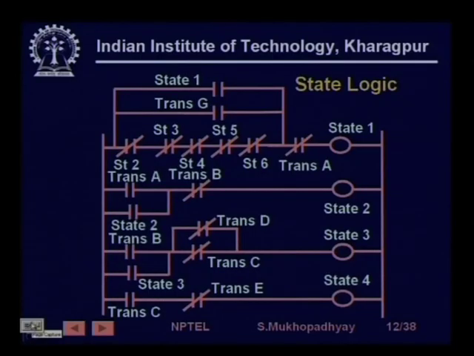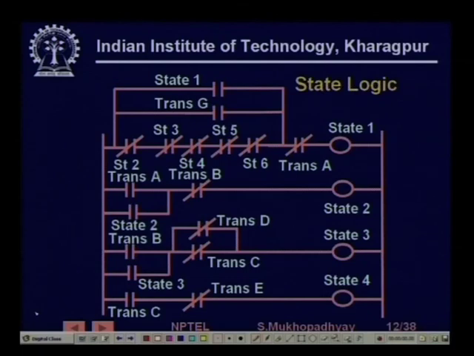Now, in the next stage, transition A becomes on and state 1 was already on. So, at this point of time we come to the state logic. Let us see what happens in the state logic. State 1 was on, and because auto push button was pressed, transition A became on.